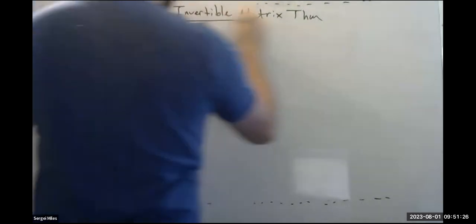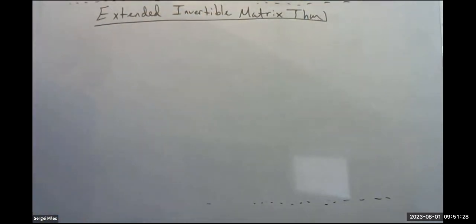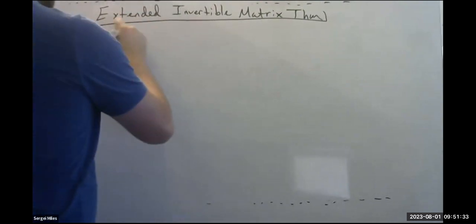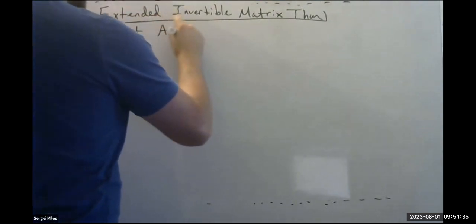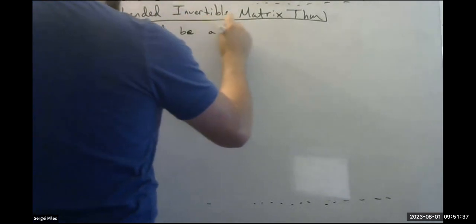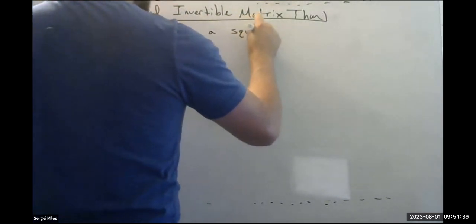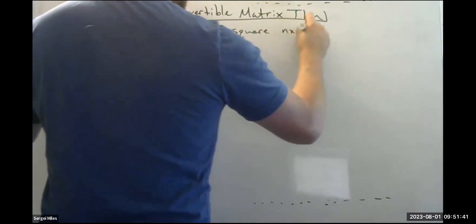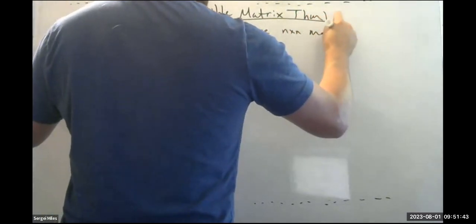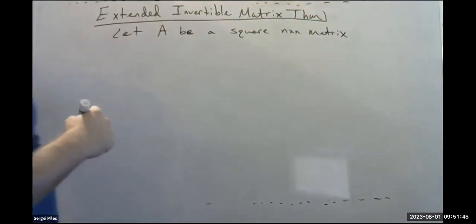Now, first of all, what do we need to be able to use this theorem? A has to be a square matrix. Let A be a square n by n matrix.